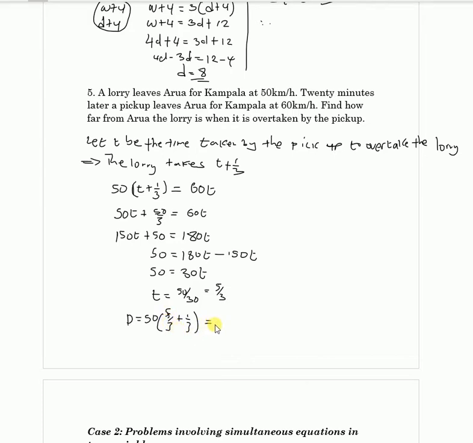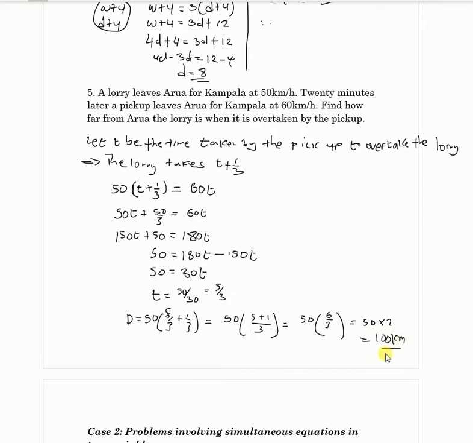So we have 50 into 5 plus 1 over 3, which is 50 into 6 over 3, and 6 over 3 is 2, so this one is 100 kilometers.